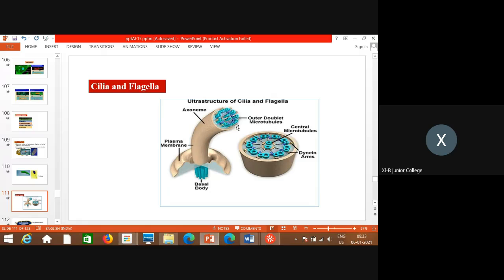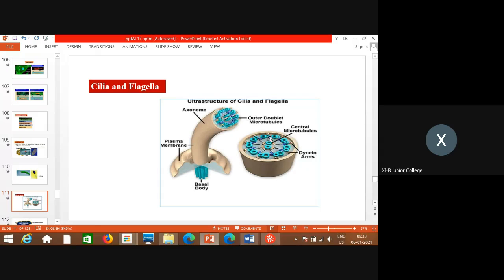The central part, the entire core, is called the axoneme, and that is covered by a covering called the sheath. So the core of this flagella or cilia is the axoneme, whereas this is the plasma membrane or the basal plate, and that is the basal body. So these are the parts.